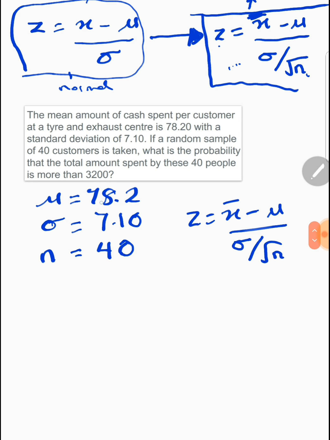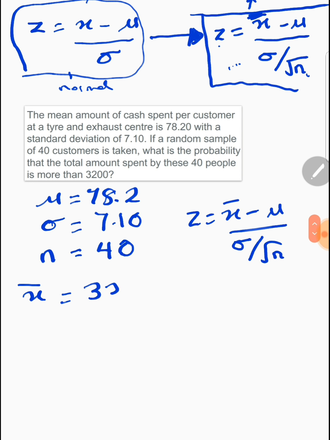What they give you is the mean, but they're asking you for the total amount. So this basically means that we still need to get our sample mean, because the sample mean will just be the amount spent divided by the number. So mean is exactly the same as average. That's exactly what we're looking for.